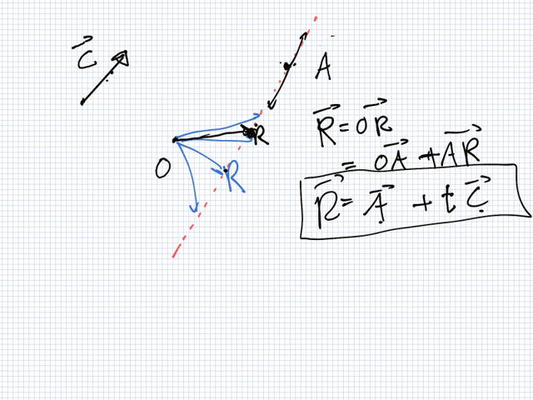T is allowed to be positive or negative, so it doesn't matter. A is not parallel to C. Only AR is parallel to C.